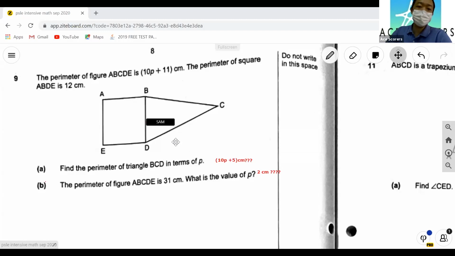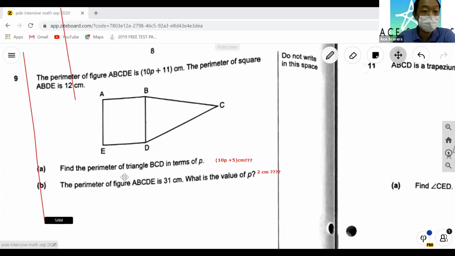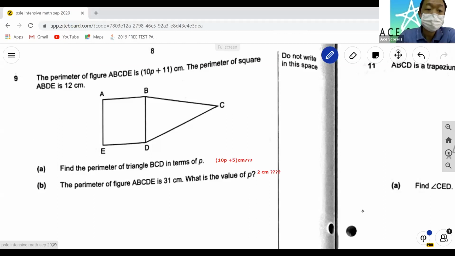Okay, so let's take a look at this question. Find the perimeter. So you see all these fundamental stuff. What's the perimeter of triangle BCD in terms of P? Sam, don't draw straight line. First, you see the perimeter of the square is 12, right? So that means here must be 3, 3, 3, 3.